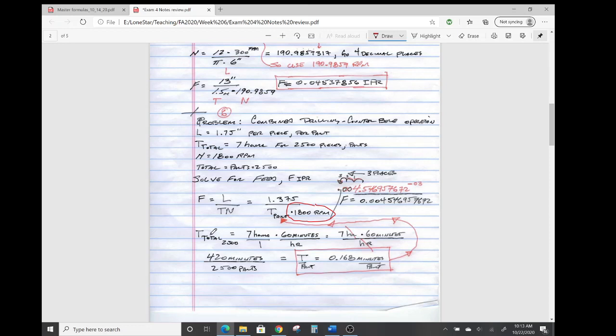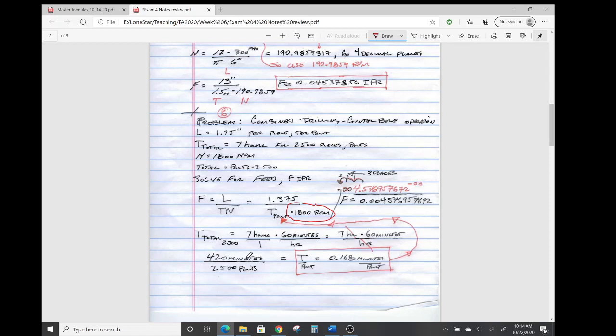Now we said it was going to be 7 hours for 2,500 parts, right? So we have 7 hours times 60 minutes per hour. That's 7 hours over 1. We're multiplying fractions again, because this is 60 minutes for every hour. You multiply the tops across, and the hours cancel out. 7 hours is 420 minutes, and in 420 minutes, we did 2,500 parts.